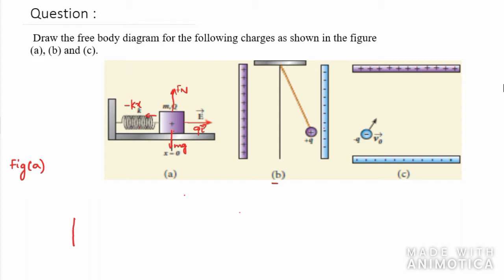Here weight mg acts downwards and the normal force will be upwards. We will be balancing the weight on the platform, so it is the normal force. And see, it's a charged mass, and the force experienced by the charged mass is given by qE, where q is the charge.